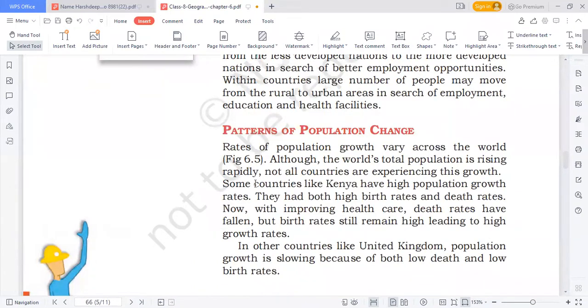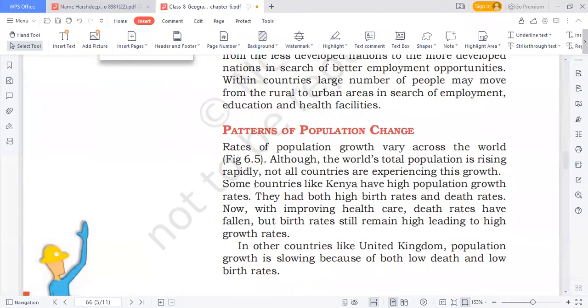Next, patterns of population change. When we talk about population change, we are talking about the change in a population from the previous years. Population is a dynamic process, a dynamic phenomenon.